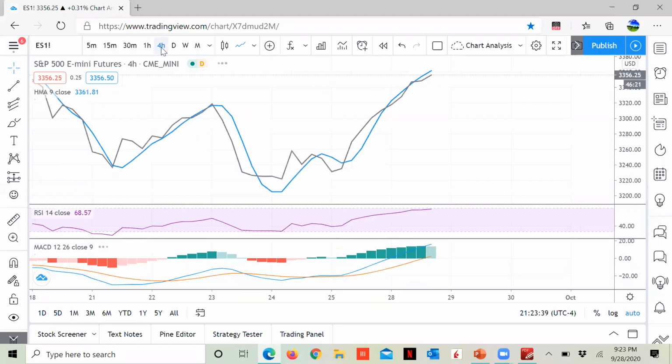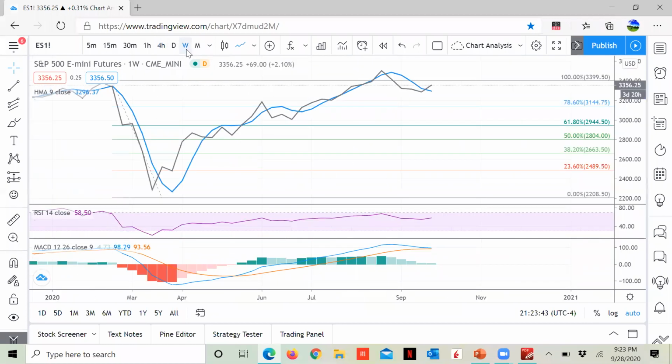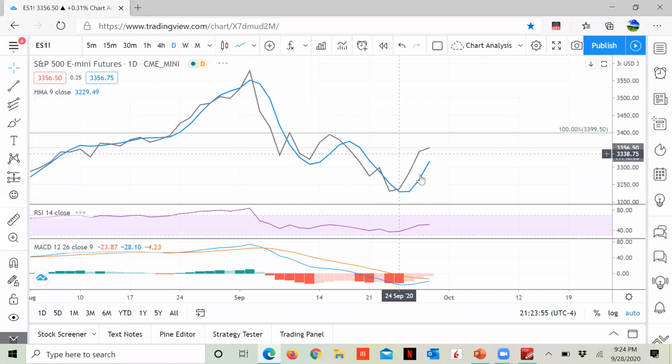If I select the 4 hour, it gives me a different picture. It's just averaging out whatever duration I've selected. So if it's 9, that means 9 weeks here. This moving average is the average of that. If I'm selecting a day, it's basically 9 periods of whatever I select here.